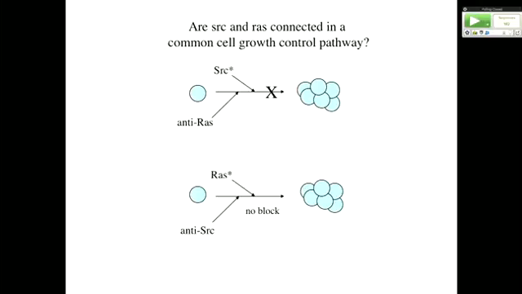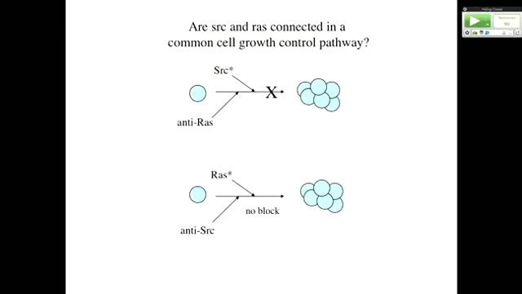And we can put each one into a cell, and it can cause uncontrolled growth. So we have a nice physiological assay for their activity. If we introduce an active form of one and block the activity of the other, we can now ascertain whether they are components of the same pathway, and we could also determine the ordering of those components.